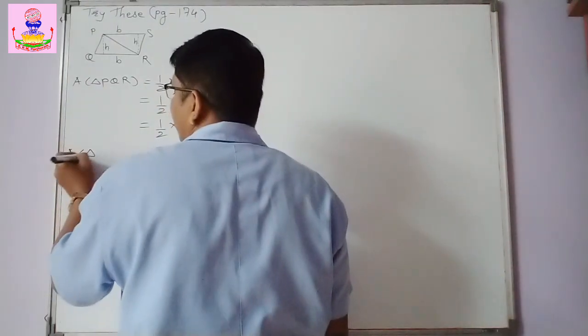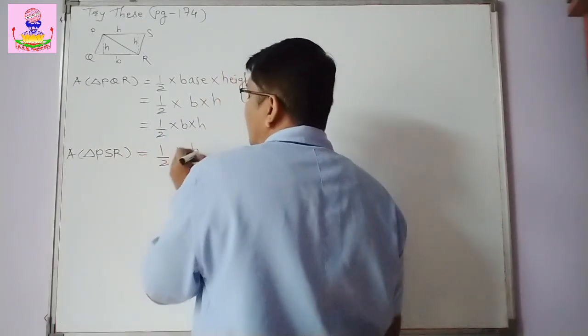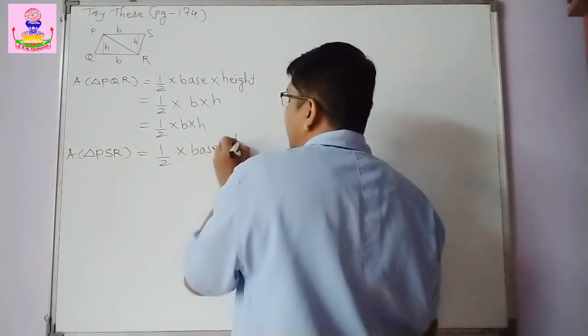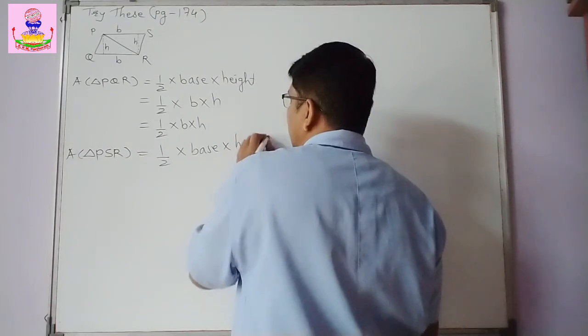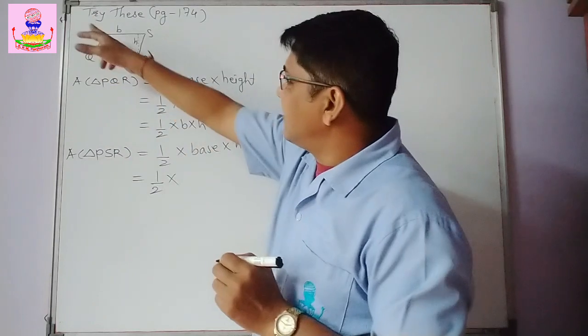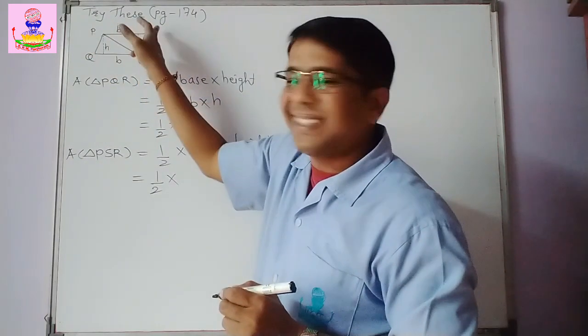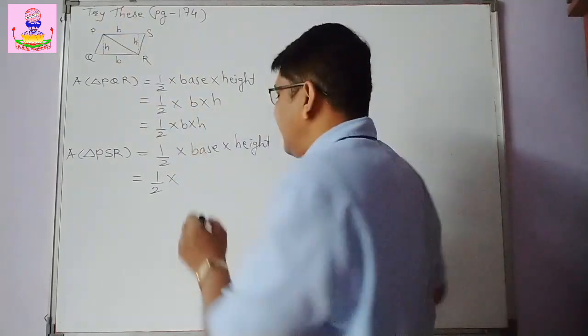Now, area of triangle PSR. What is it? Again, half into base into height. For this triangle, what is the base? See, where is the height? This height is on this base. So PS is the base.